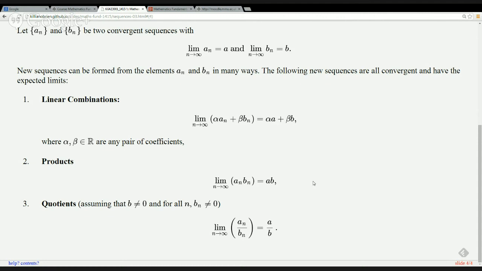Okay? So we've done exactly what we said we had to do. We've satisfied the definition for convergence. So we've proved the theorem.